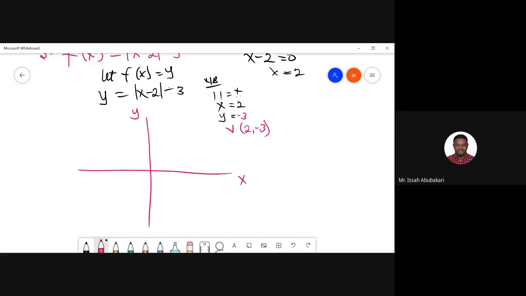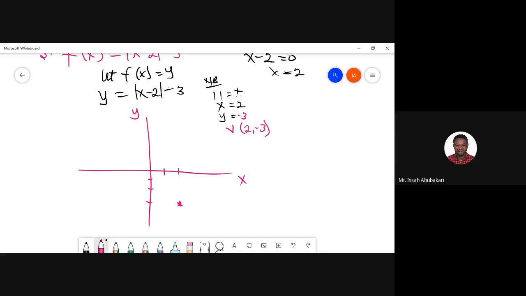In our case, let's plot 2, minus 3. So 2 is x. So we go 2 on the positive side, 1, 2. Okay? And minus 3 on the y-axis is down here. Minus 1, minus 2, minus 3. And when we trace this one, they are going to meet somewhere here, right? They will meet somewhere here.